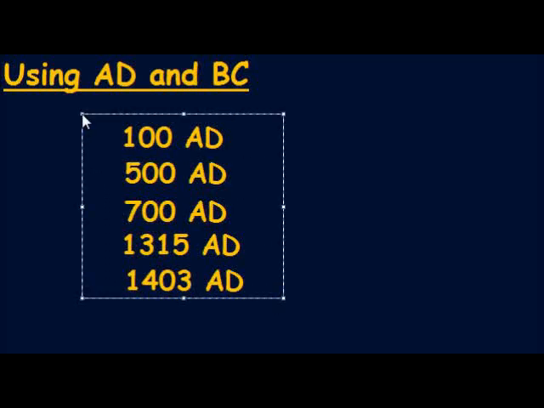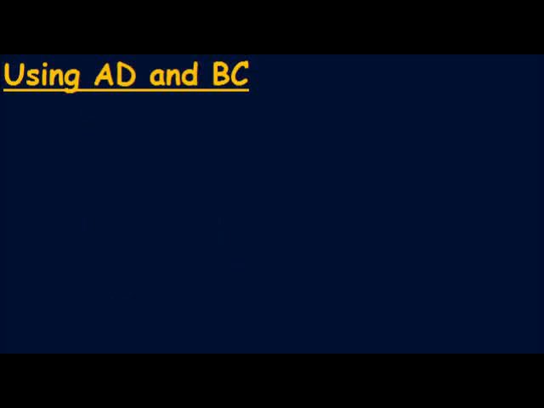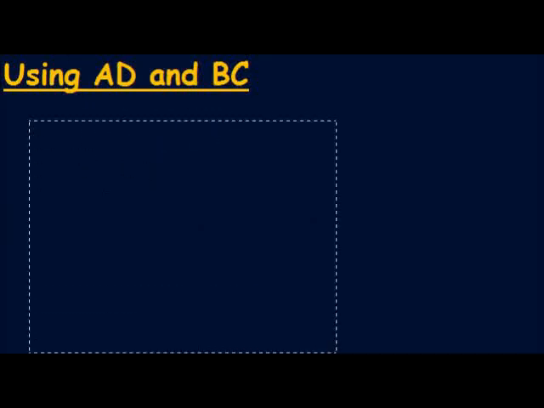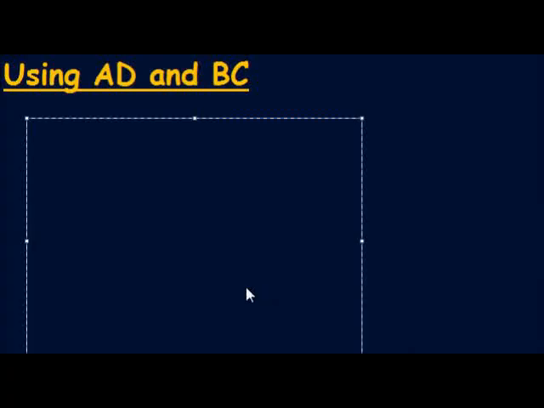Now, when we deal with BC, things work a little bit differently. Remember, when we're dealing with BC, we're counting the other way because we're counting backwards from the year 0. Okay, so the years look a little bit different. So let's take a list of BC years and let's try and put them in order.